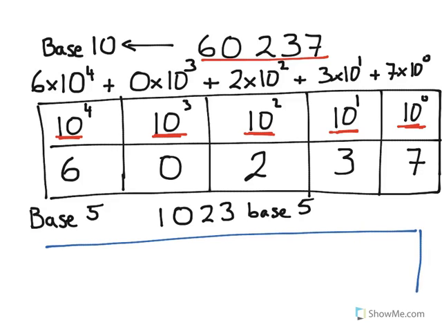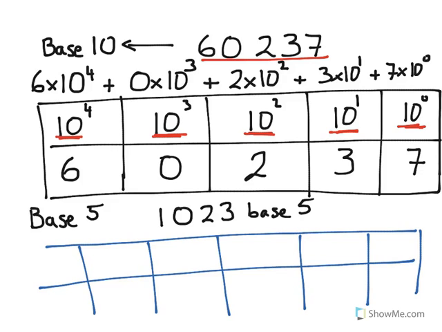Well, we would do a table exactly as we did here, and we would think of 5 to the power 0, 5 to the power 1, 5 to the power 2, 5 to the power 3, 5 to the power 4.